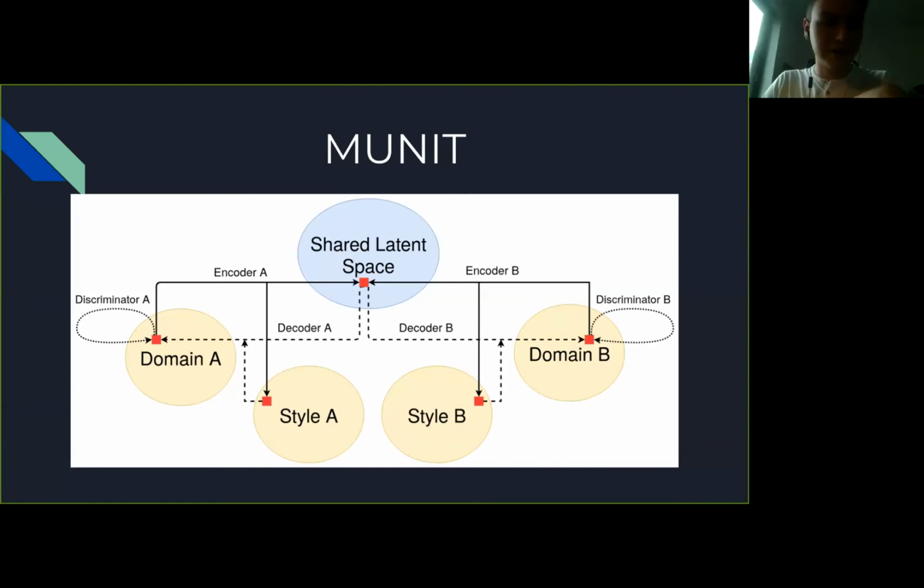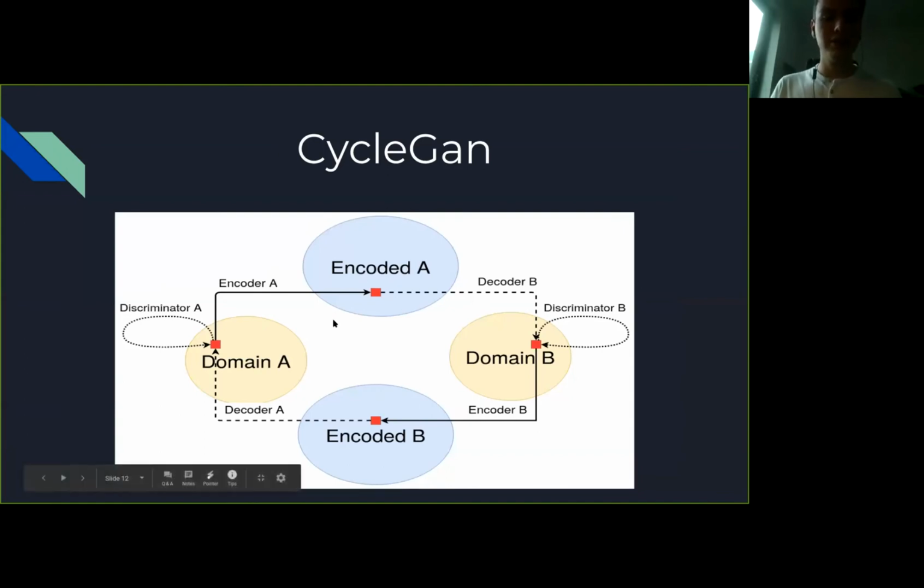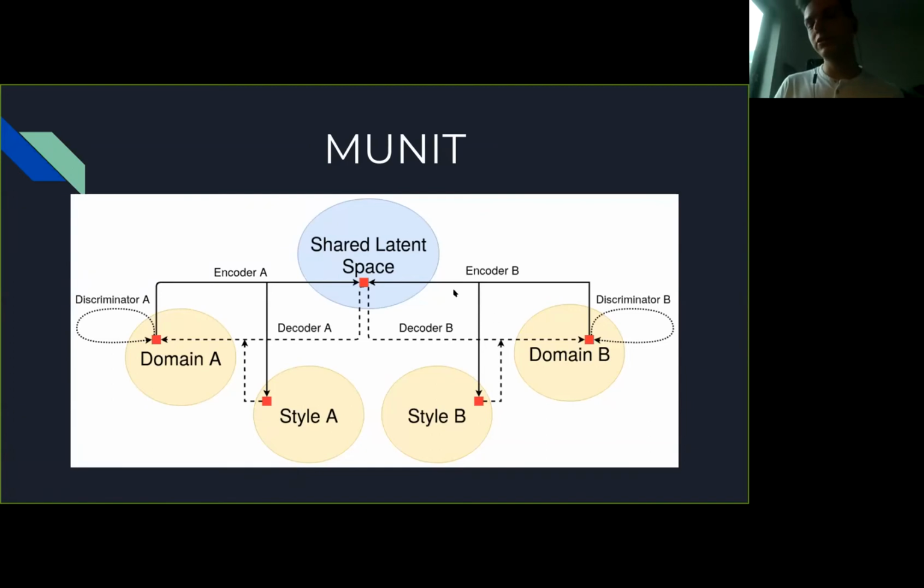Then we have a second approach, which is multimodal unsupervised image-to-image translation, MUNIT. There are a number of things different, two things actually. There's this shared latent space. Compared to CycleGAN, where the latent spaces are separate, the variational autoencoders here encode and decode to the same space.